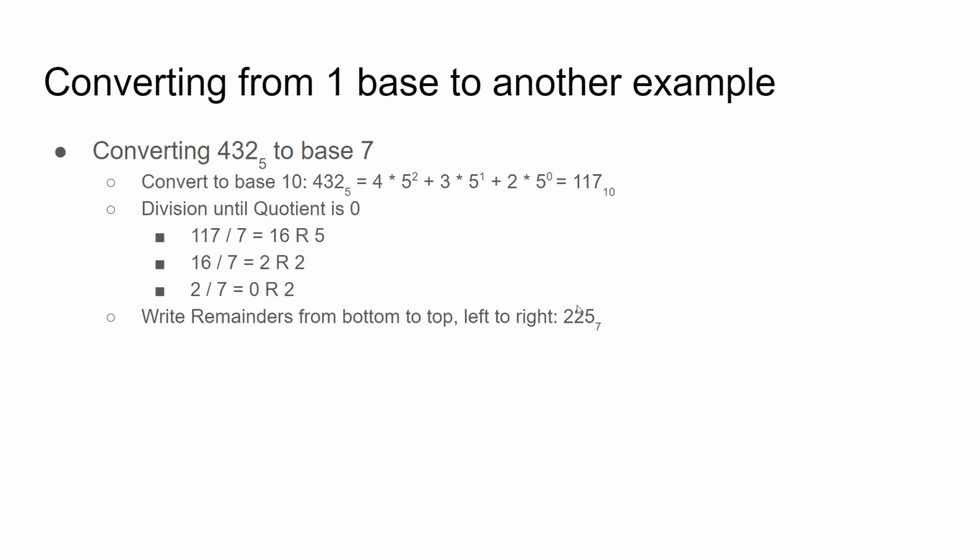How could we confirm that we did this correctly? Because 432 base 5 should be equal to 225 base 7. But both of these should also be equal to 117 base 10. So if we convert 225 base 7 to base 10, we should get 117.